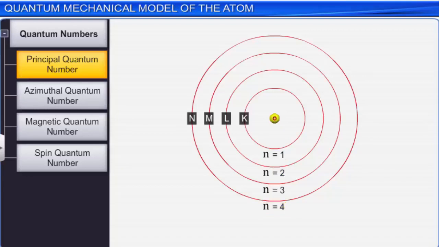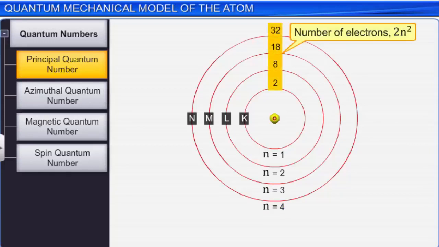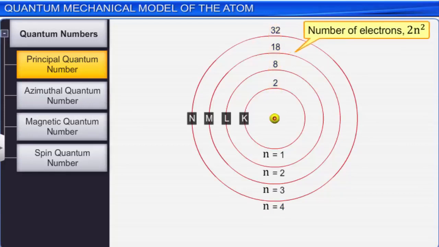The number of electrons in a shell is given by 2n square. Therefore, for n equal to 1, there will be 2 electrons in the K shell, and for n equal to 2, there will be 8 electrons in the L shell. The number of electrons in M and N shells will be 18 and 32 respectively.